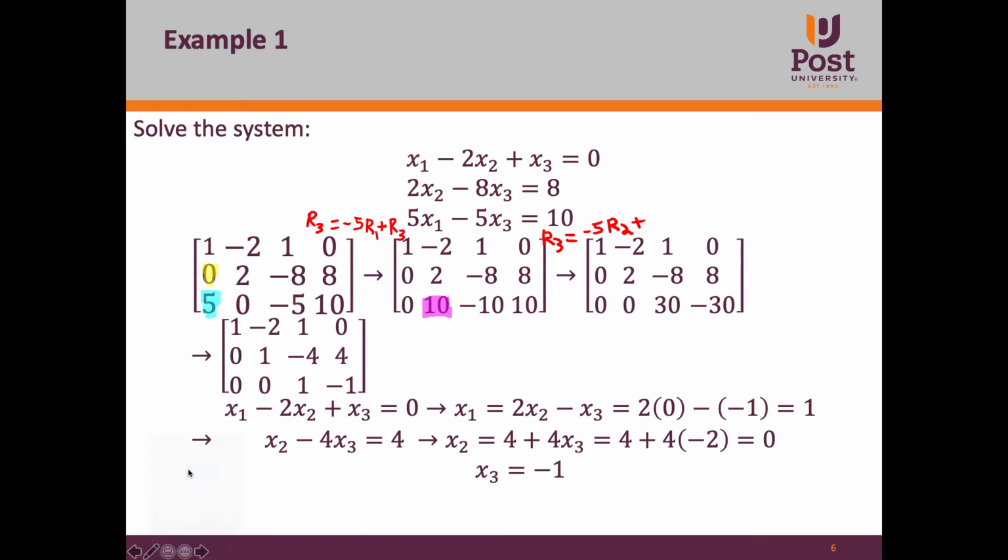We're just adding it to the third row. So negative 5 times the second row plus the third row.